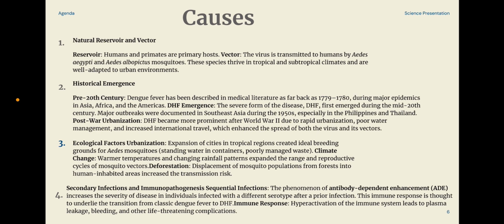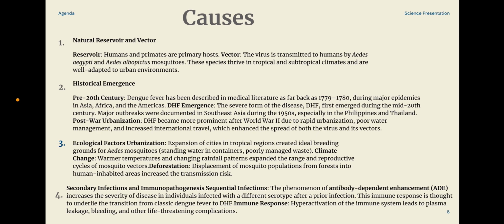Major outbreaks were documented in Southeast Asia during the 1950s, especially in the Philippines and Thailand. Post-World War II urbanization: DHF became more prominent after World War II due to rapid urbanization, poor water management, and increased international travel, which enhanced the spread of both the virus and its vectors.